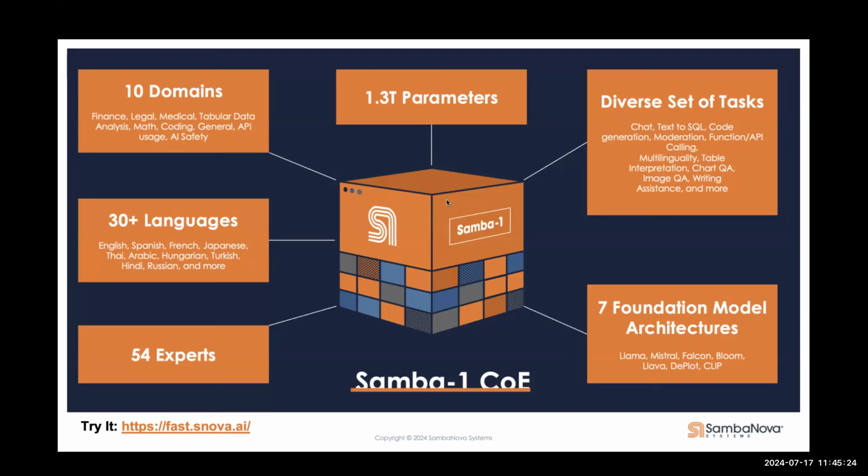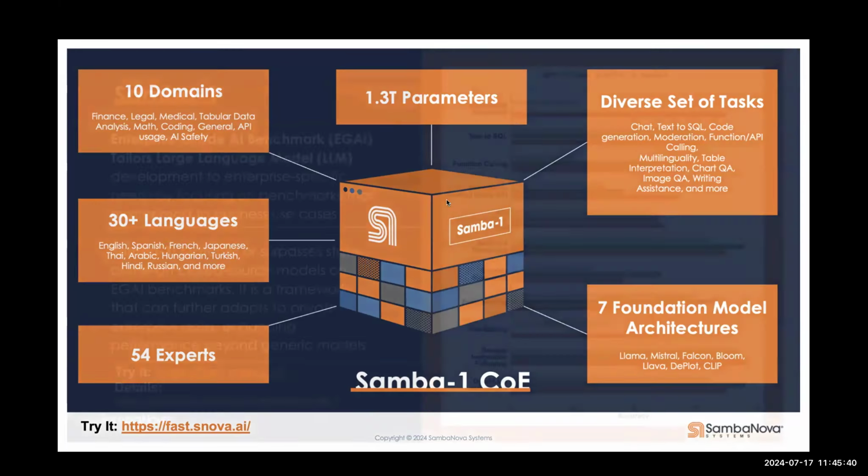But for the rest of the world, you are interacting with it like it is one model. The single model is capable of taking on a diverse set of tasks, and it's built out of 7 different foundation architectures.